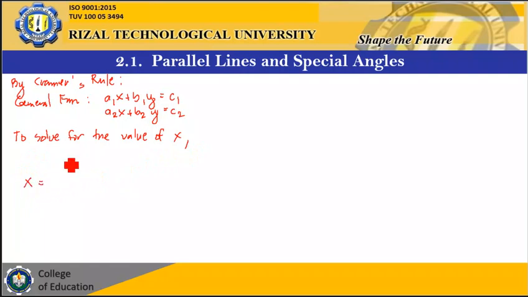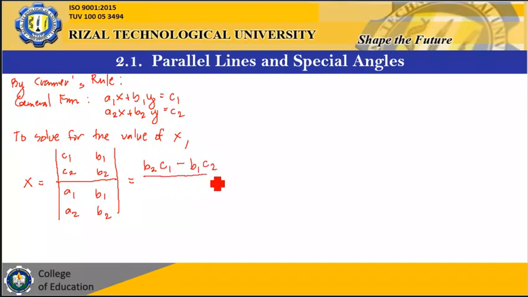So x would be the coefficients of c1, c2, b1, b2 divided by a sub 1, a sub 2, b sub 1, b sub 2, and we're going to get the determinants, which is actually, if you simplify this, b sub 2 times c sub 1 minus b sub 1 times c sub 2 divided by a sub 1 times b sub 2 minus a sub 2 times b sub 1.